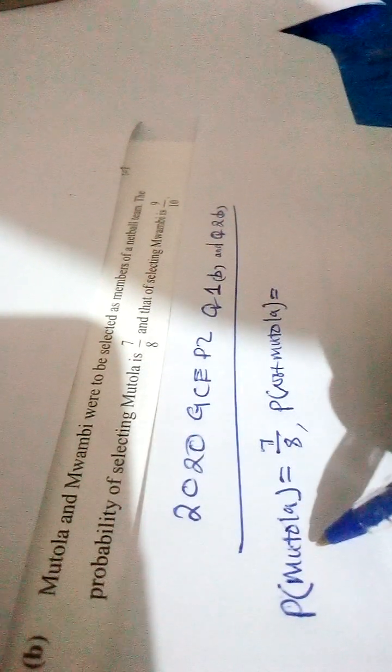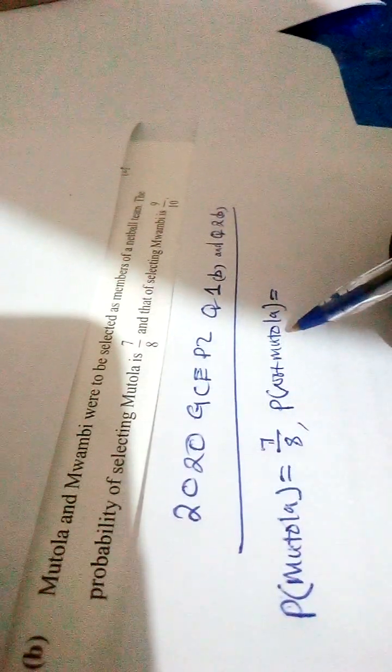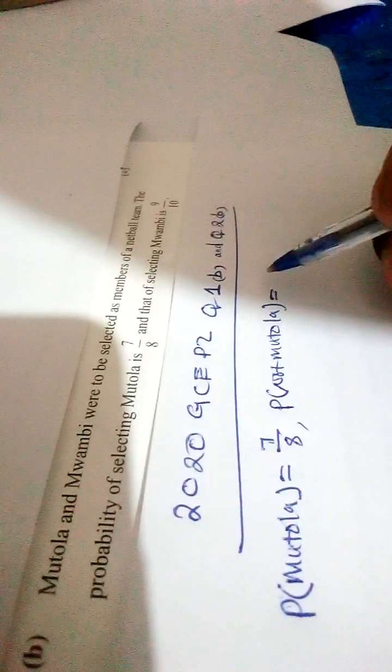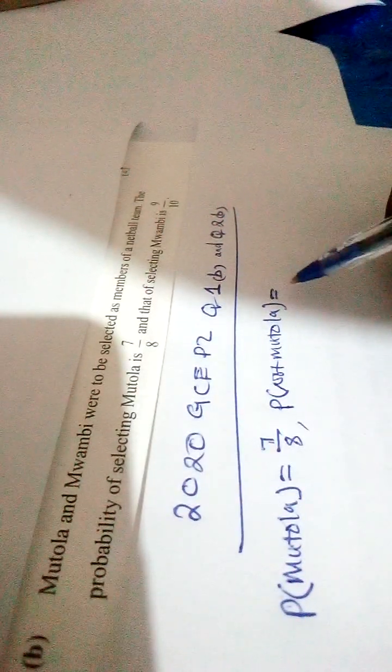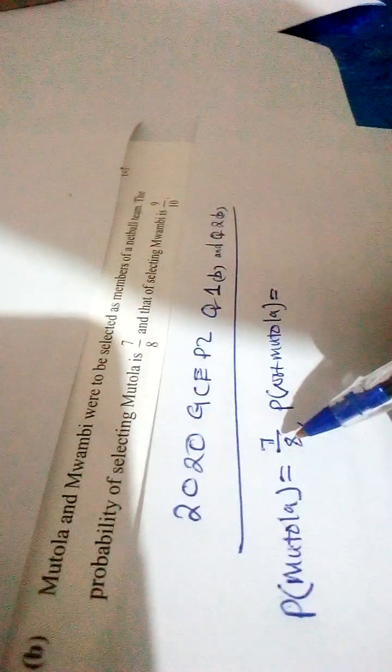The probability of selecting Mutola is 7 over 8 and the probability of not selecting Mutola will be 1 over 8, in the sense that we subtract the probability of Mutola being selected from 1.